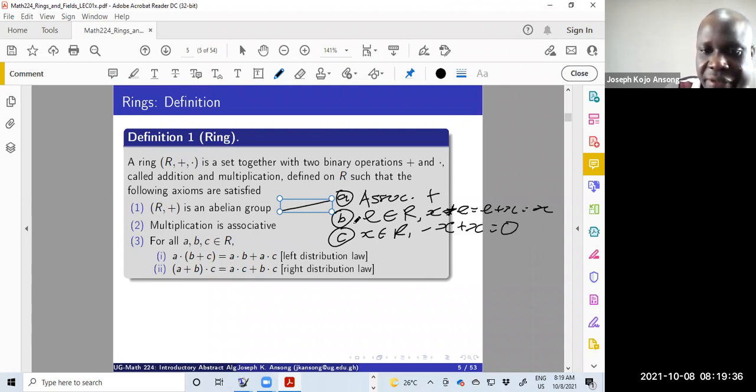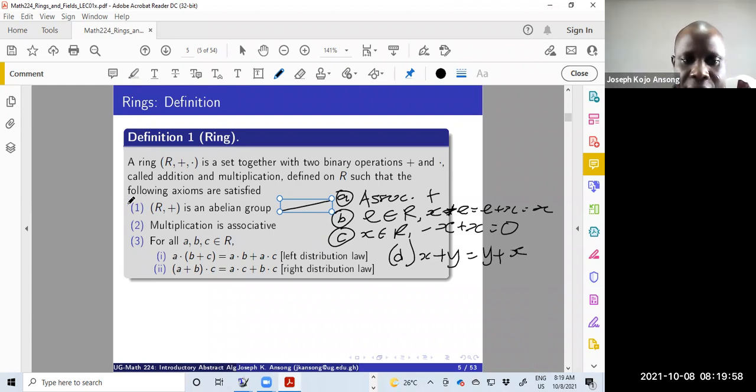The identity is 0 in this case, so this E is basically 0. And then because it has to be an abelian group, you also need additive commutativity: if I take X plus Y, this has to be equal to Y plus X.